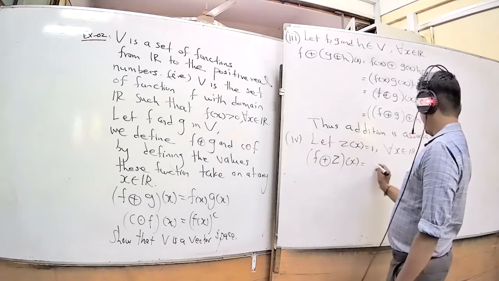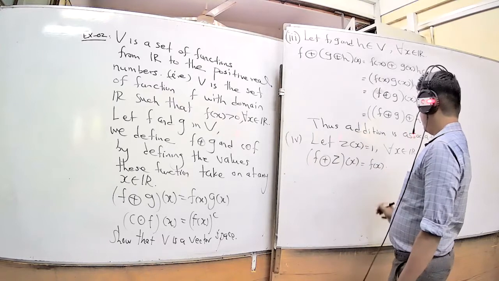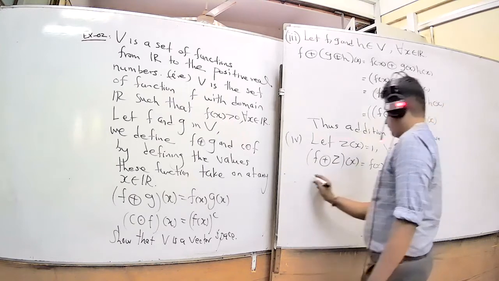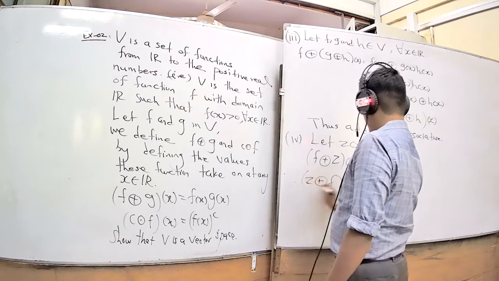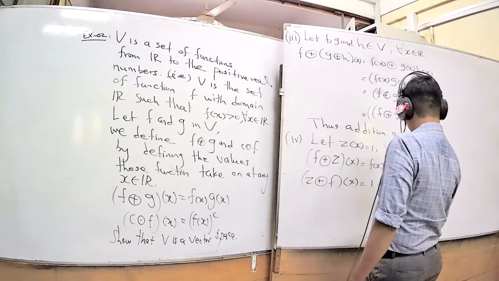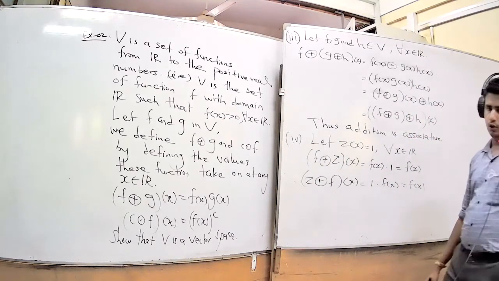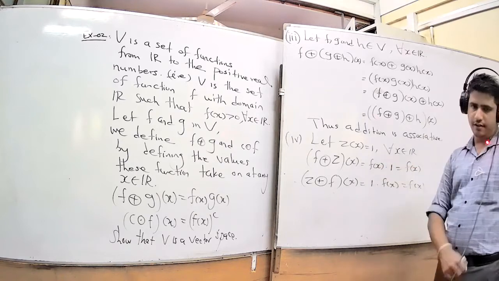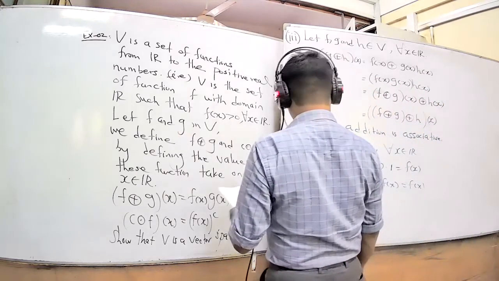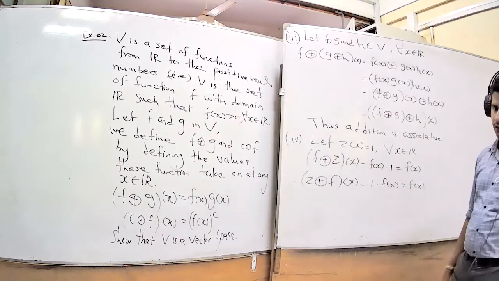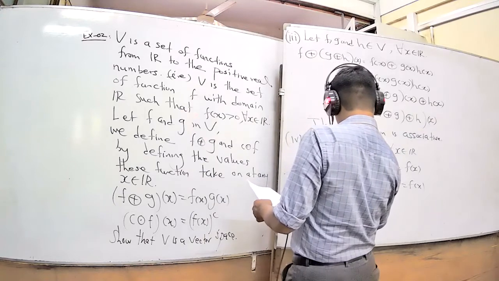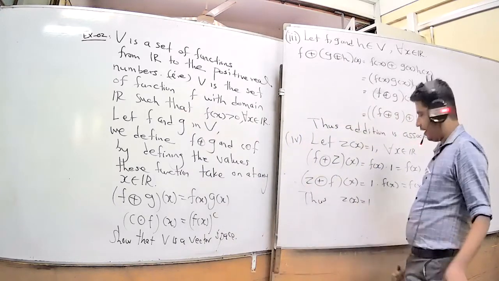Similarly, set vector addition f means 1 into f of x, again f of x. So your additive identity is the constant function whose value is equal to 1. Thus, set of x equal 1 is an additive identity.